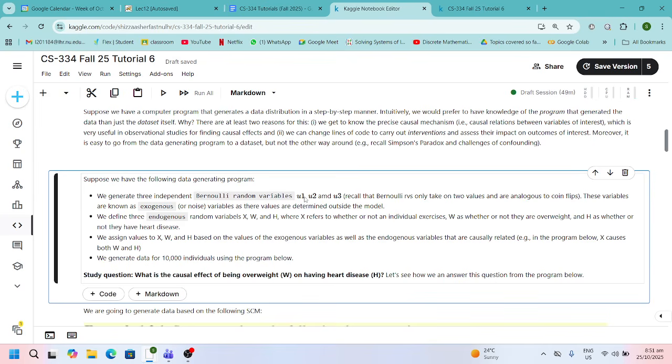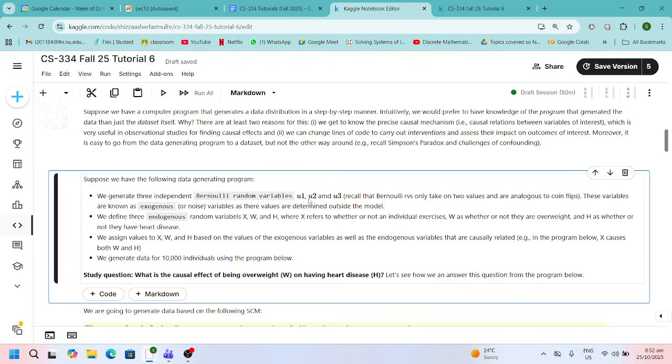You assign a Bernoulli random variable the probability of success. And then it's like a coin flip. If u1 is initialized as a Bernoulli random variable with 1/3 as the parameter, it means that I'm flipping a coin and there's a 1/3 chance of success. There's a 2/3 chance of failure. That's what a Bernoulli random variable is.